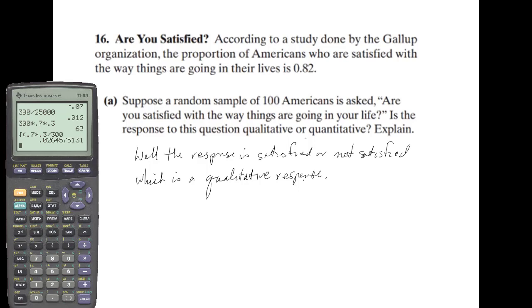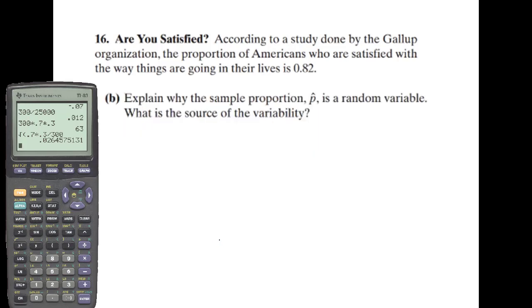So they can only have an answer of satisfied or not satisfied.